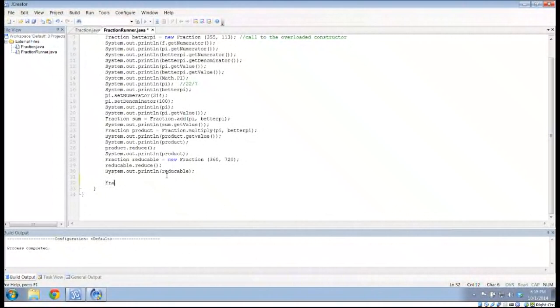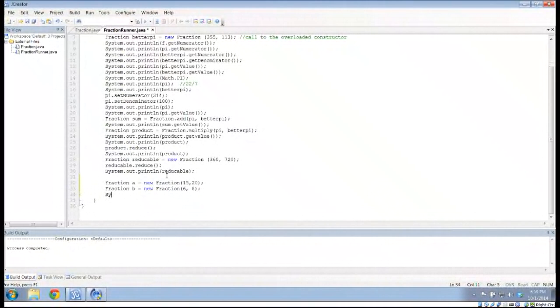So I'm going to say fraction A gets new fraction, and I'm going to have this be 15 over 20. And I'm going to say fraction B gets new fraction, and this fraction is going to be 6/8. So notice that this top fraction A is 3/4, and this bottom fraction A is also 3/4.